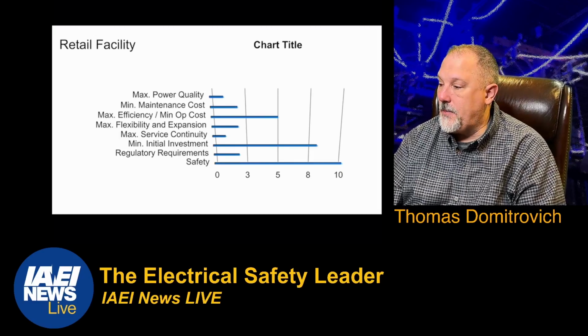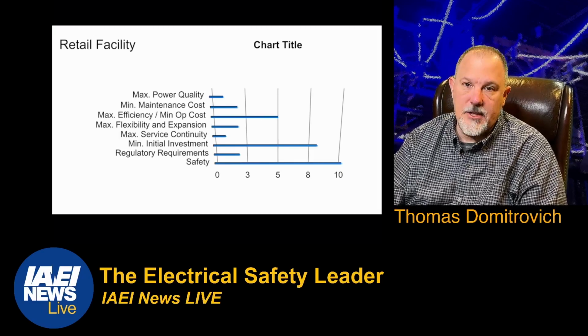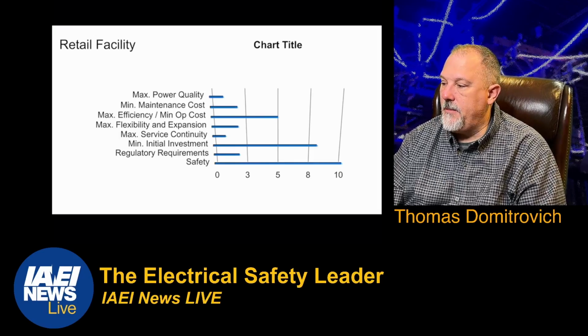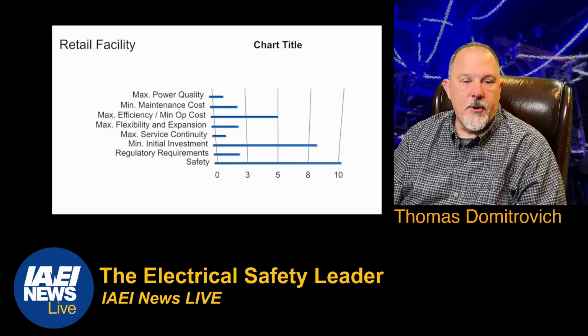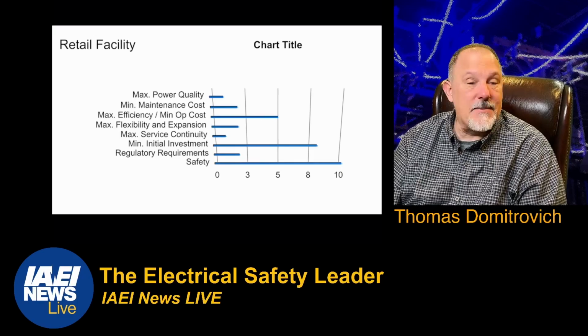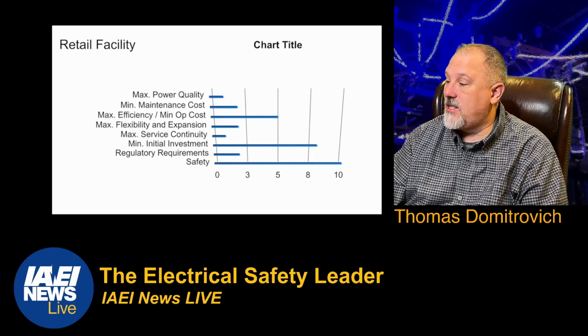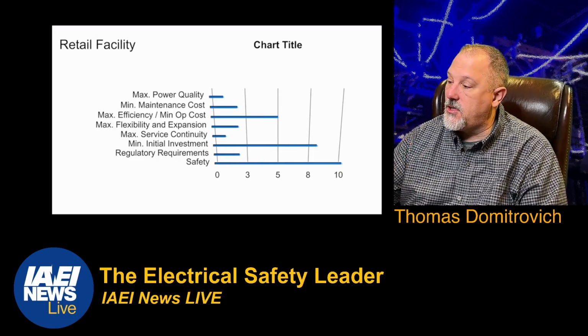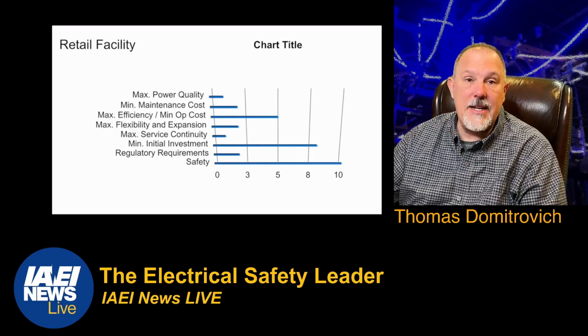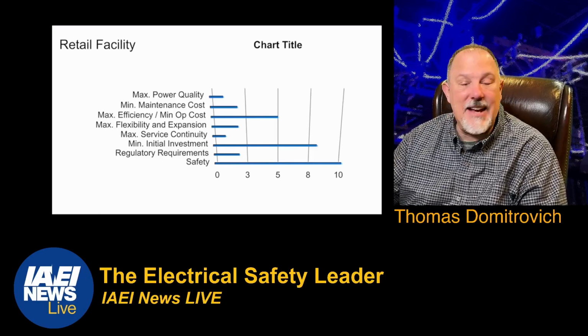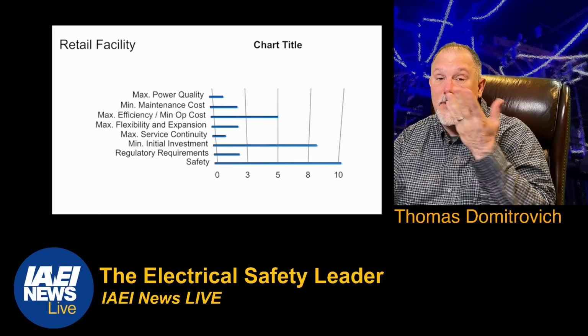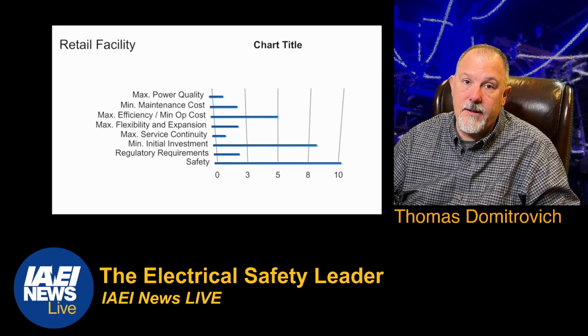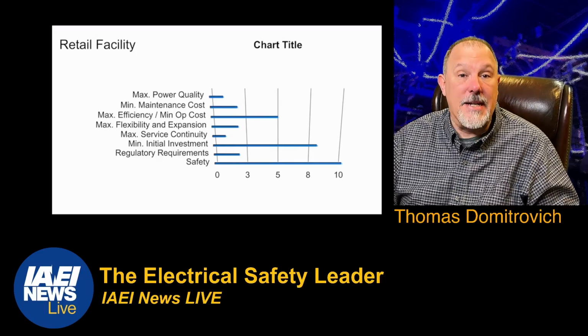So again, competing objectives, and you want to minimize your operational costs and maximize your efficiencies. Okay, so some of these, I would argue those three, minimizing operational costs, minimizing initial investment, and maximizing safety, I'm sorry, they're competing objectives financially.